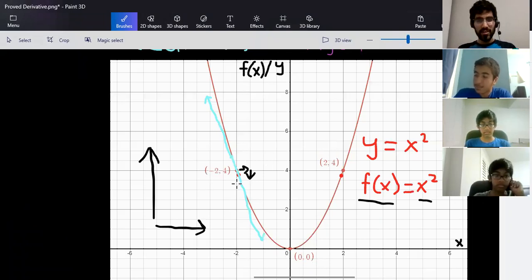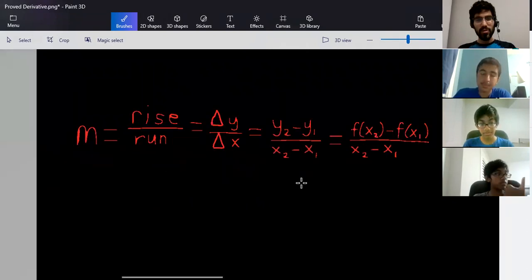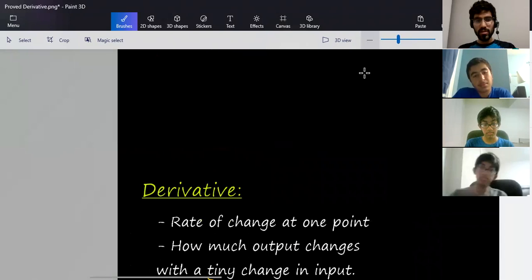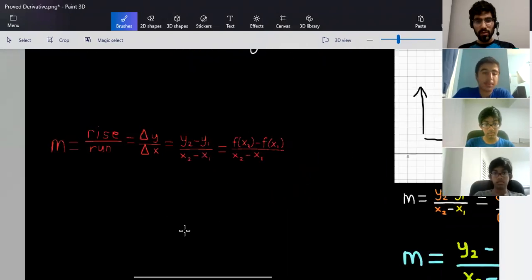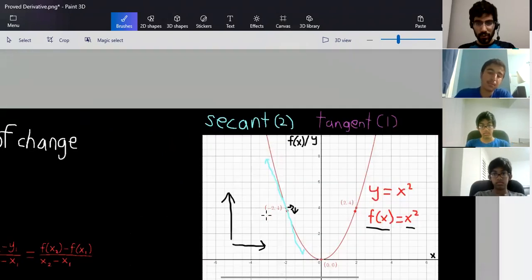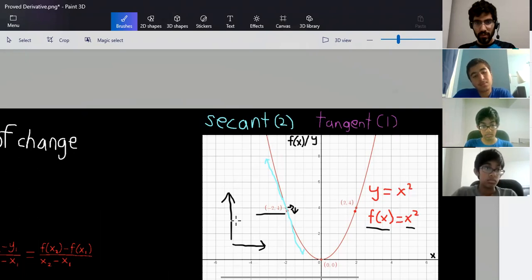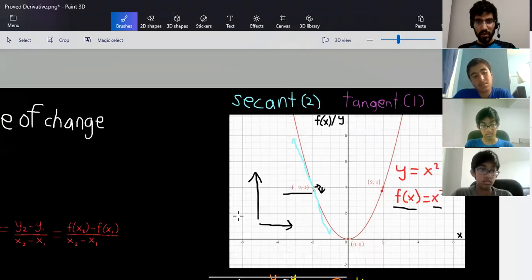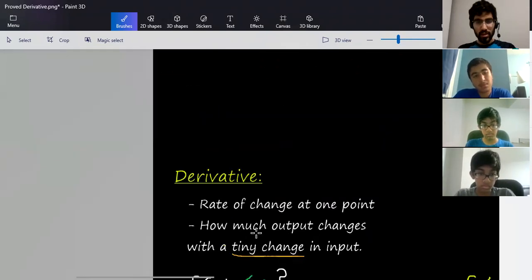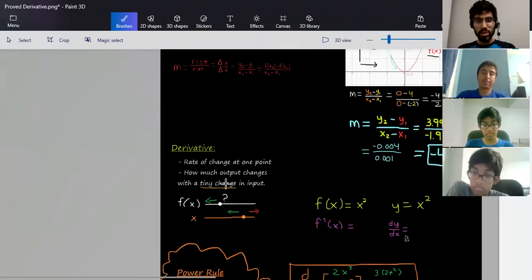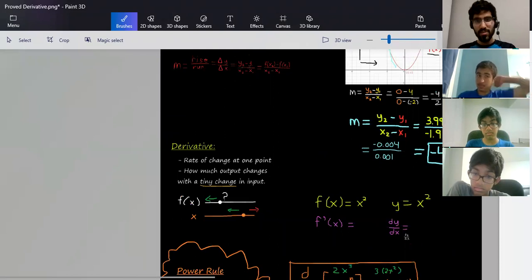And the concept of a derivative has two definitions. It's the rate of change at one point. So, for example, this point right here, what is the rate of change right here? And the other definition of a derivative is how much does the output change with a tiny change in inputs.